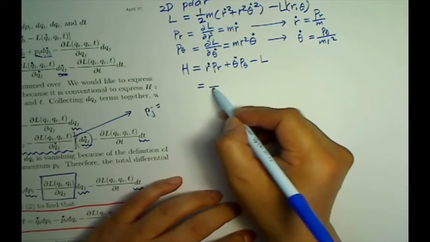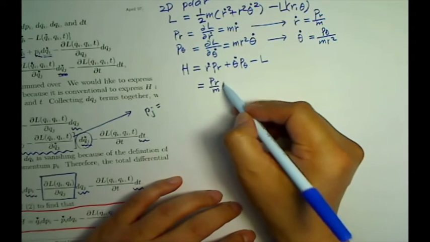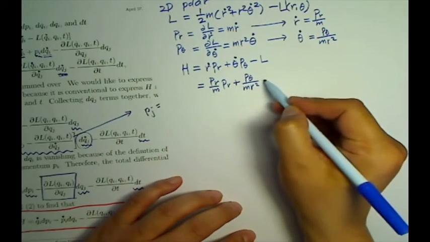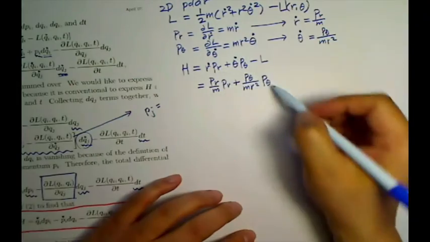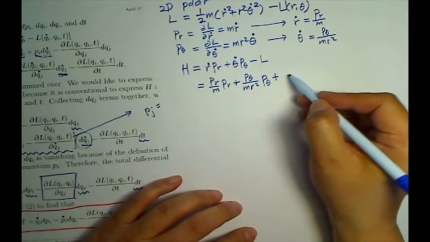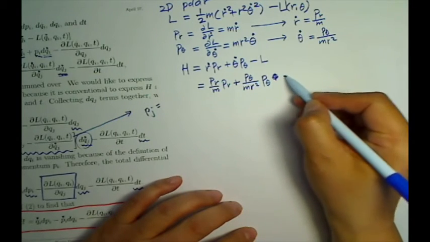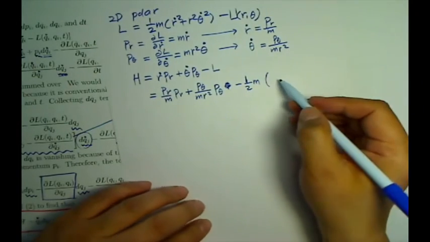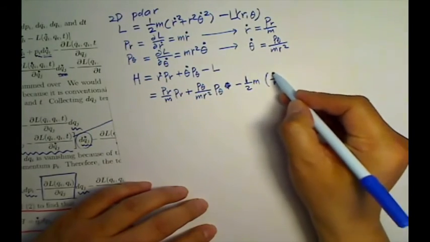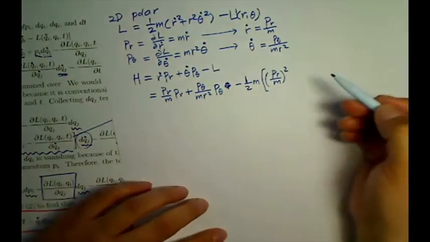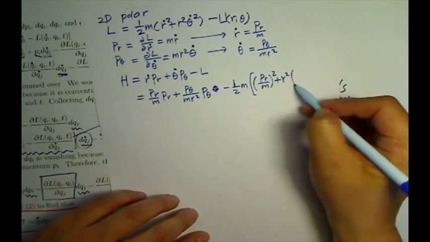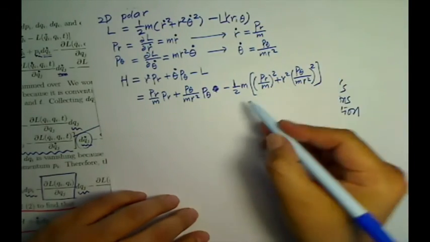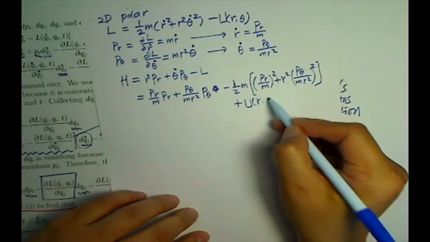We have p_r, p theta over m r squared times p theta, and plus this, our theta.